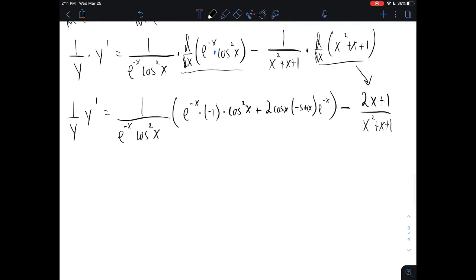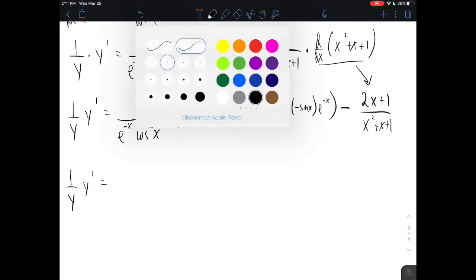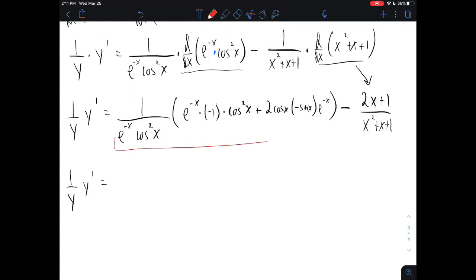All right, so now let's see if we can simplify some of this. One thing that we can actually notice from the first part of this sum here, you have an e to the negative x in the denominator.